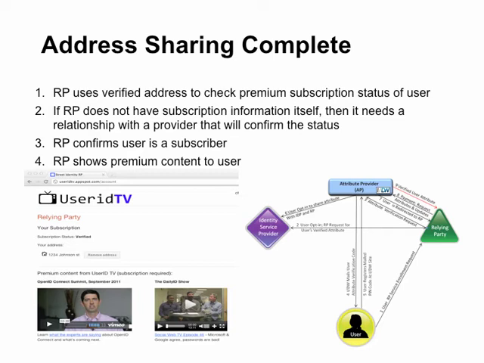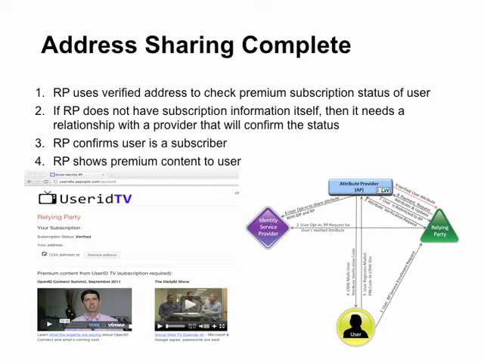Or maybe it's a more indirect relationship. Maybe this website isn't run by the cable provider, maybe it's run by an individual TV channel, so that TV channel then, with that verified address, needs to poll the cable or satellite providers in that geographic area, ask if any of them know whether there's a paying subscriber at that address.